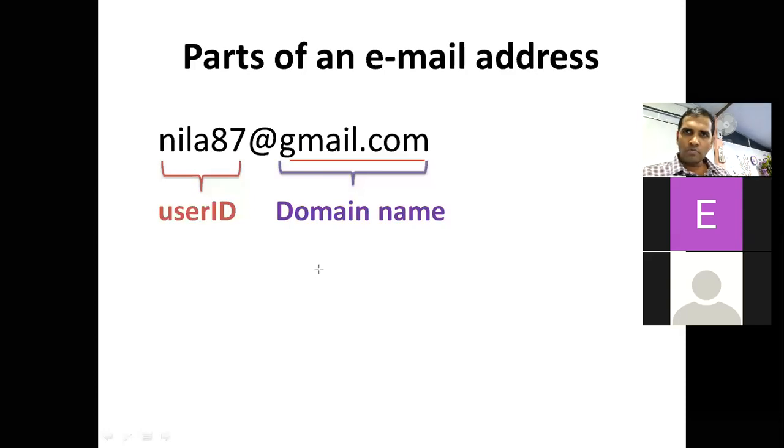Minutes ago, we took Google as the search engine. At the same time, Google acts as an email provider. So if I get an email from Google, definitely the domain name is gmail.com. Even if you get an email address from Google, your domain name is also gmail.com.